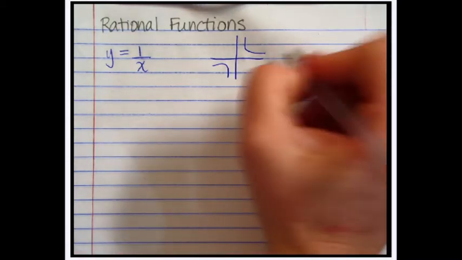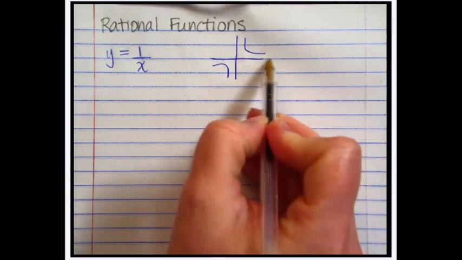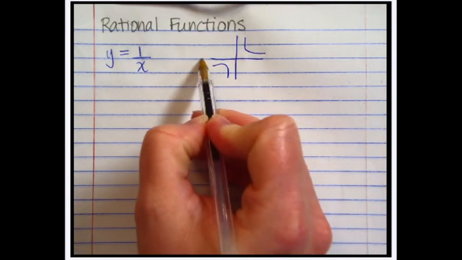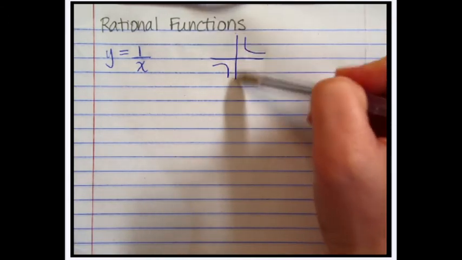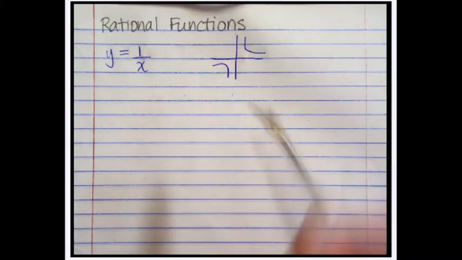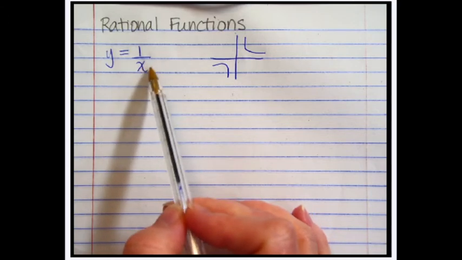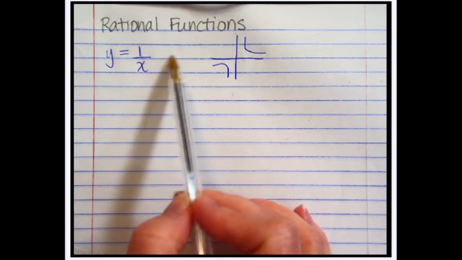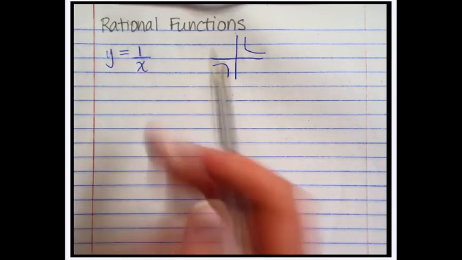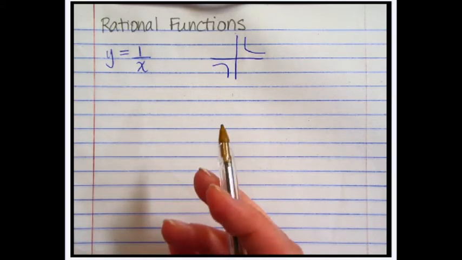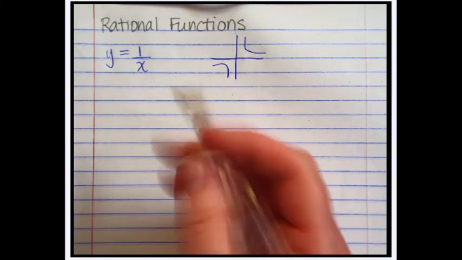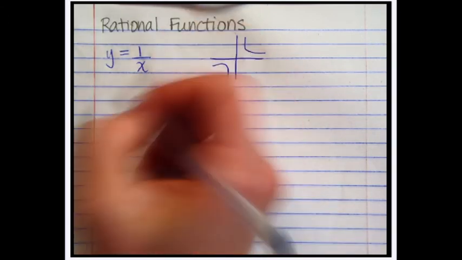And what we noticed here is that we had a horizontal asymptote at the x-axis and a vertical asymptote at the y-axis. Okay, so any rational function that looked like this with maybe a number added to the bottom or off to the side will look the same, but it gets shifted up and down. Okay. Now, for any other kind, how are we going to find those asymptotes?